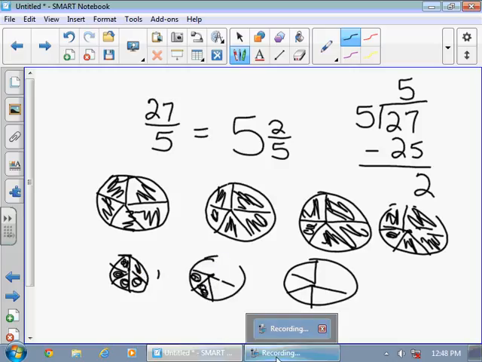And now he's out of pie. He's put them all back in the pie pan. How many whole pies did he have at the end of the day? And how many pieces out of the 5 does he have left?